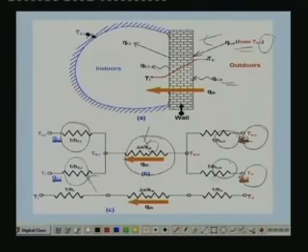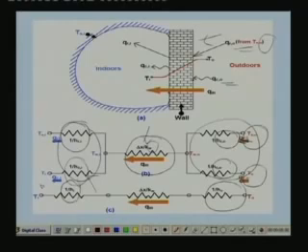Now we can write an equivalent circuit by combining these two parallel resistances into a single resistance 1 by H naught, and similarly for the inside surface side we can combine these two resistances into a single resistance 1 by Hi. So H naught and Hi are the equivalent conductances which consider both radiation as well as convection heat transfer on the outer surface side as well as on the inner surface side.